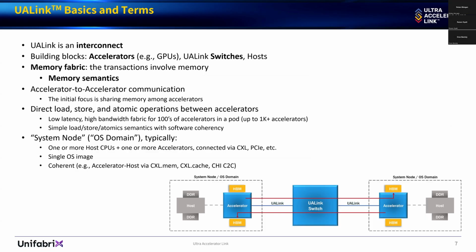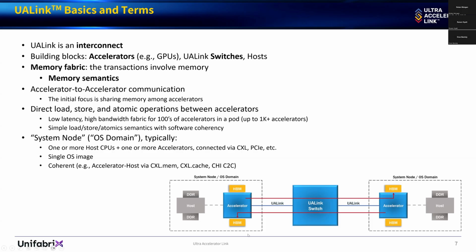We mentioned 1K and going forward, and simple load, store, and atomic semantics. It's not cache coherent. It's different from how CPUs typically communicate with each other. It's software-based coherency, which is much simpler, and it simplifies the system and the silicon design.